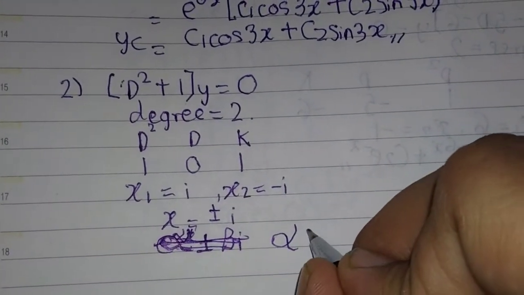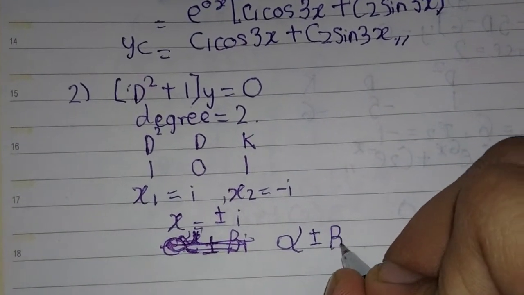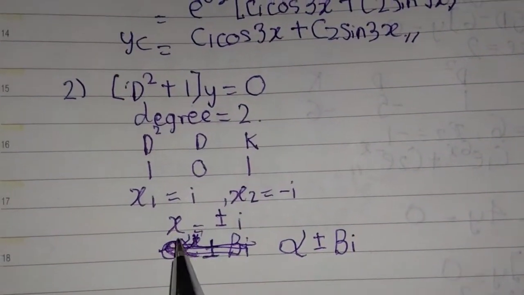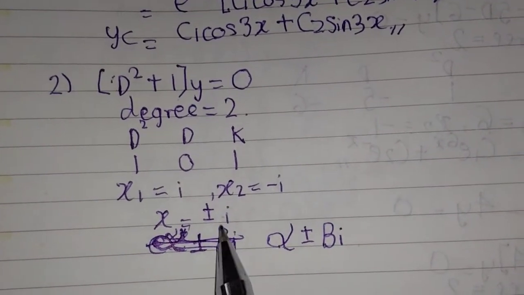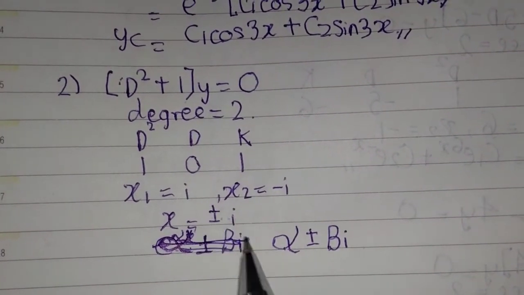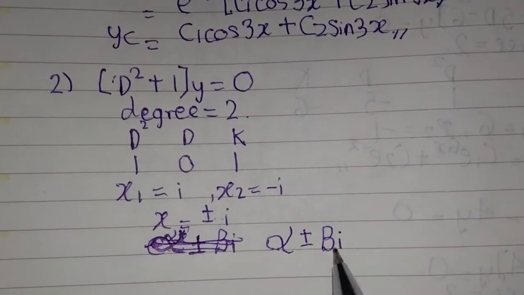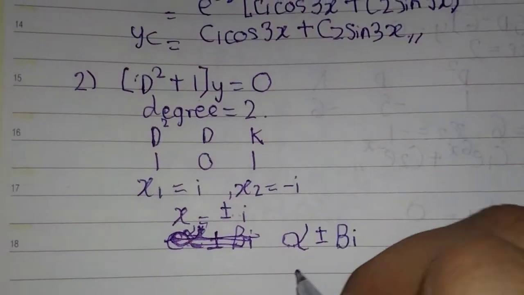We have to compare the values we got from the calci with this equation, alpha plus minus beta i.